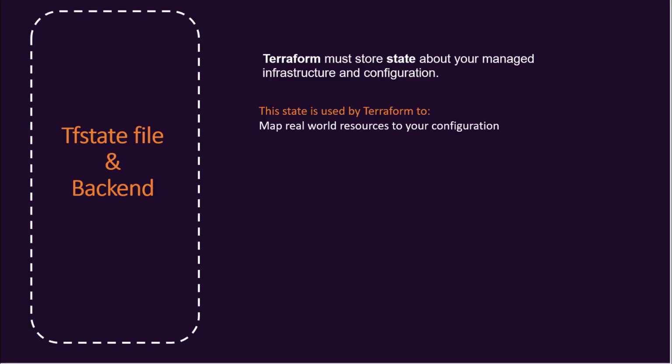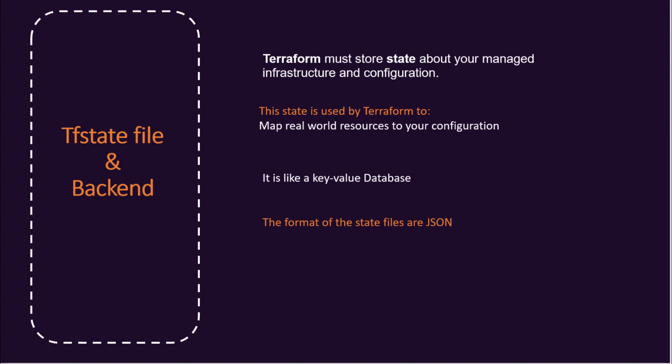We can say this state file is a map between real-world resources and your Terraform configuration. It's a one-to-one map. In simple language, it is like a key-value database. Everything related to our infrastructure is recorded in the tfstate file.